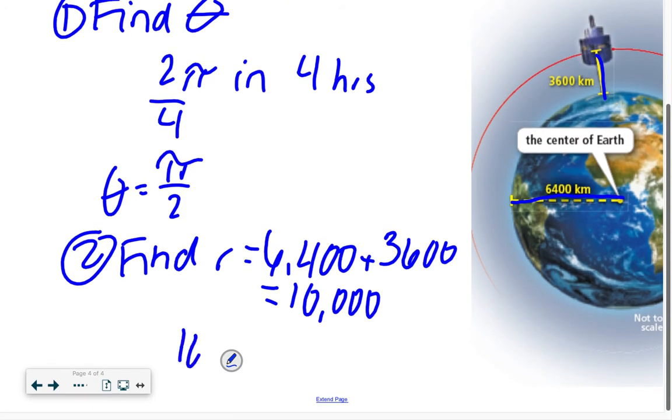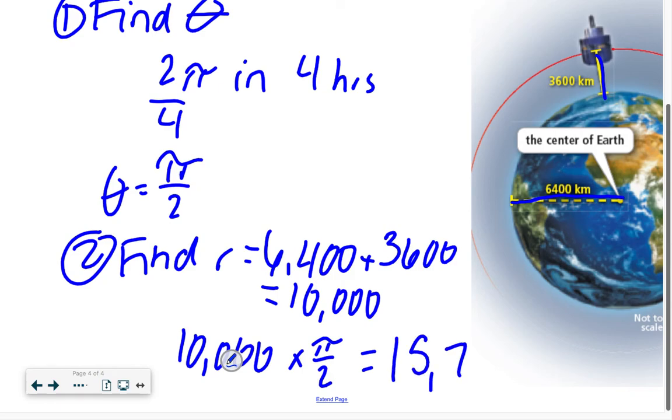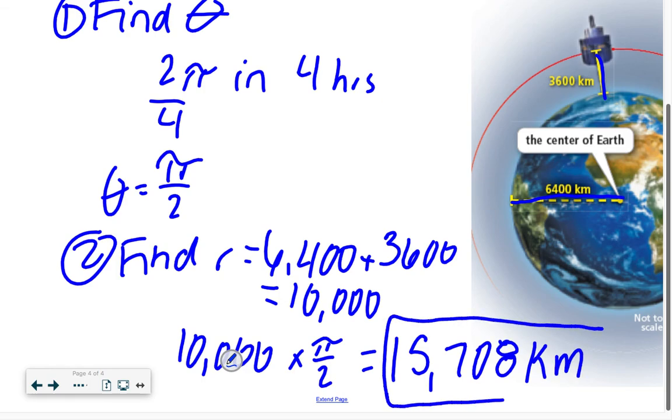And what do we get? 15,700, and would you say 8?